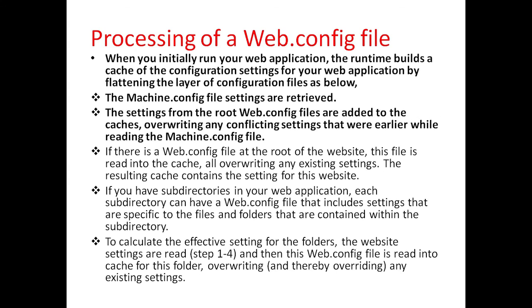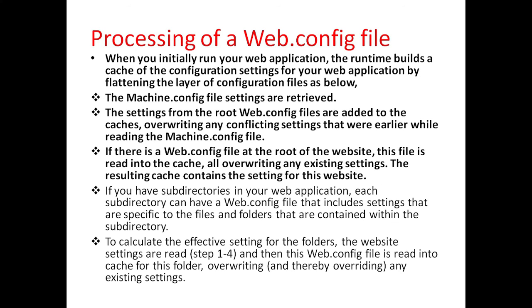The settings from the root web.config files are added to the cache, overwriting any conflicting settings that were set earlier while reading the machine.config file. If there is a web.config file at the root of the website, this file is read into the cache, overwriting any existing settings. The resulting cache contains the settings for this website.